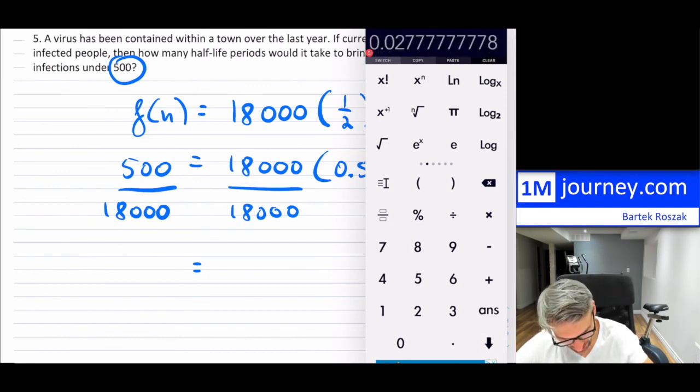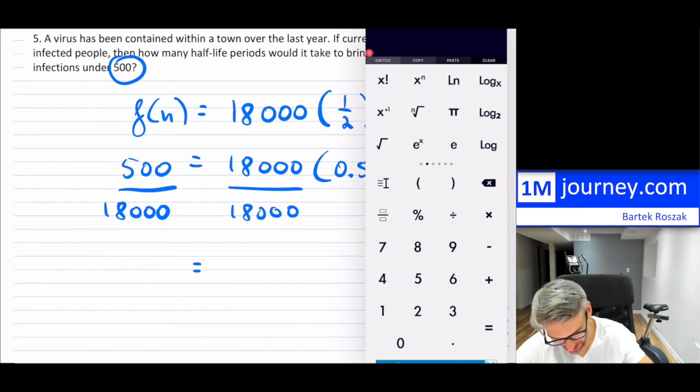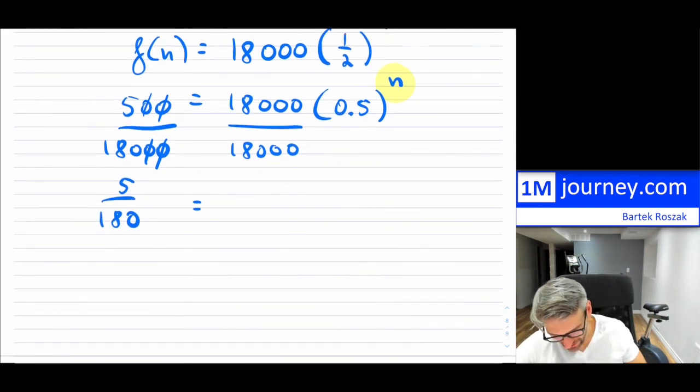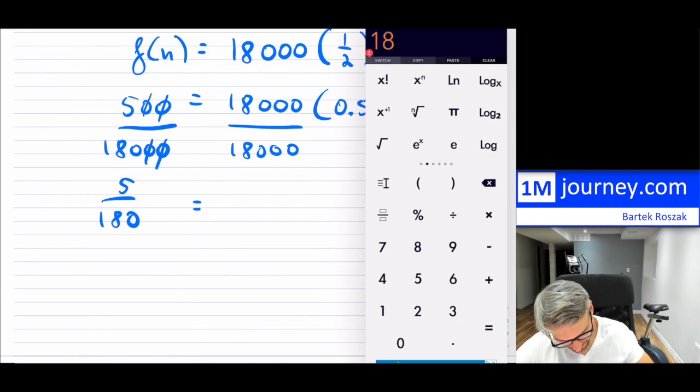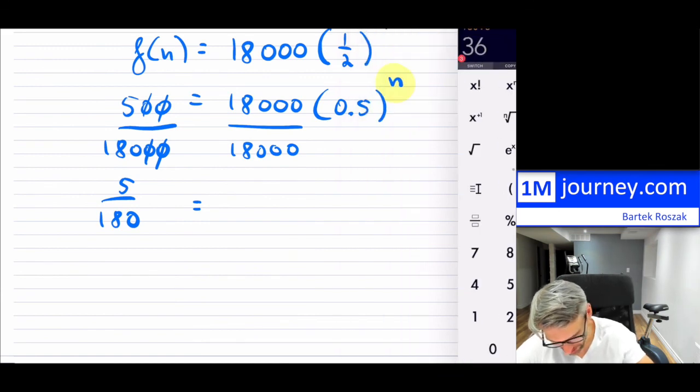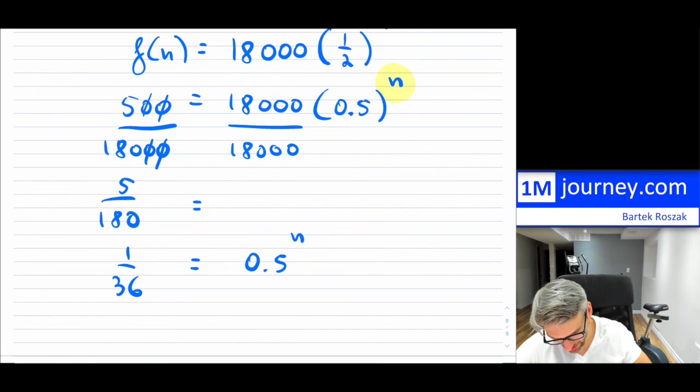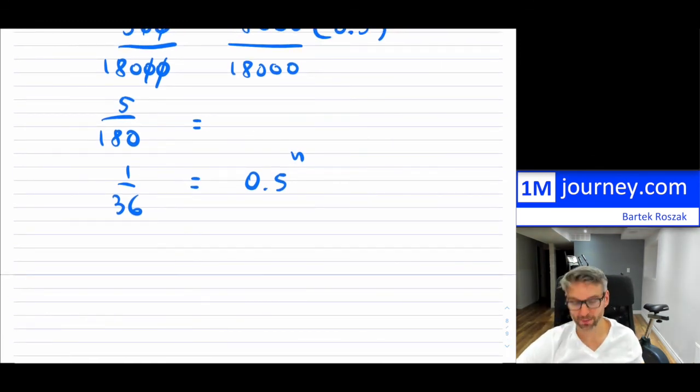Let me just do this: it's going to be 5 over 180, and 5 goes into 180 36 times. So this is just 1 over 36 equals 0.5 to the n. Okay, so that's my problem.